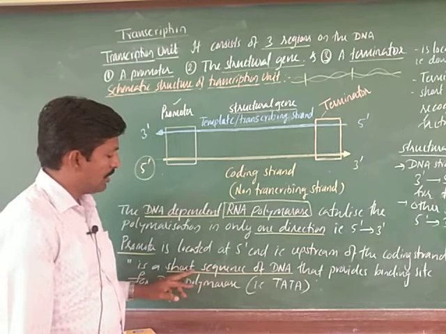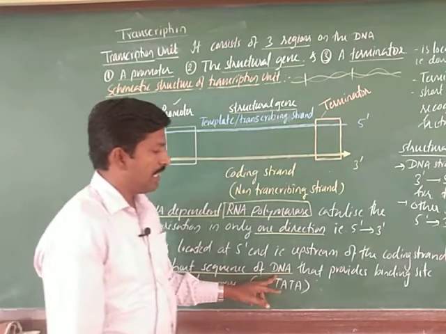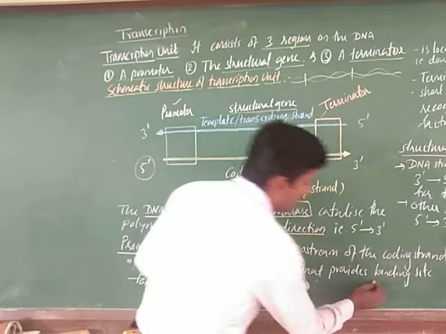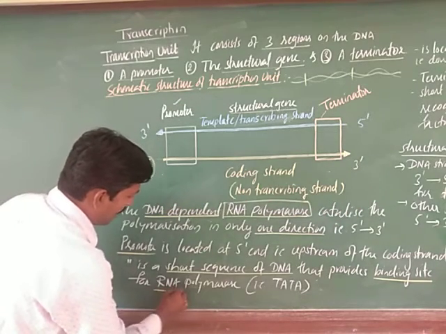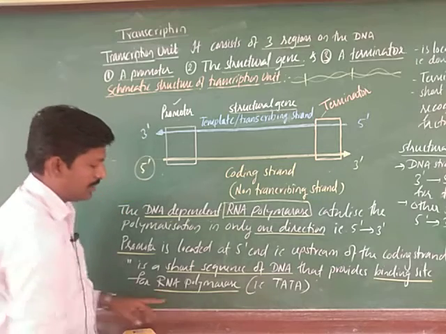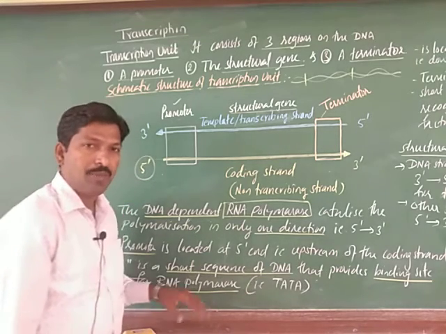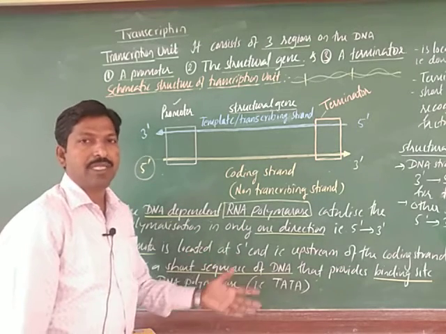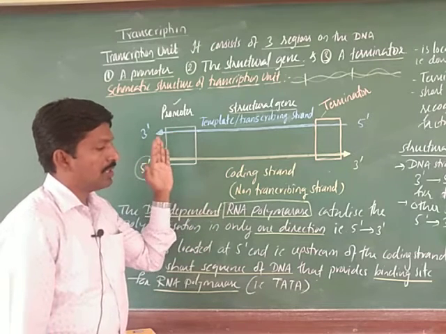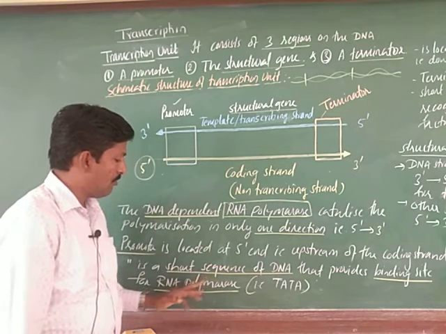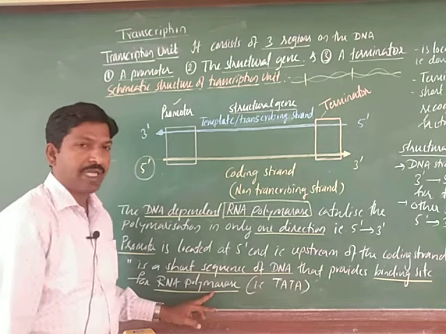So, that is the short sequence of DNA that provides the binding site for RNA polymerase, which helps in polymerization. Polymerization begins with the promoter because it has the binding site for RNA polymerase.